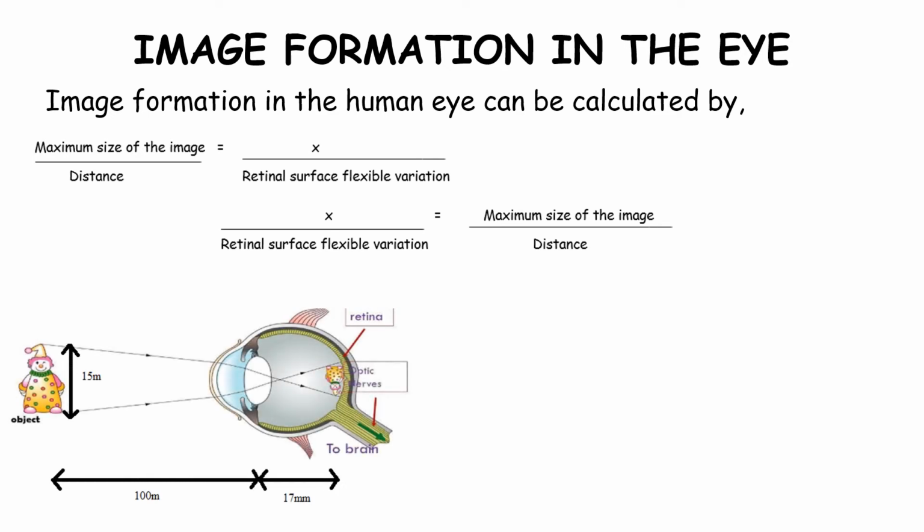When we look into the diagram, the object height is 15 mm, which is the maximum size of the image, 100 mm is the distance, and 17 mm is the retinal surface flexible variation. So x divided by 17 is equal to 15 divided by 100. Hence x is equal to 2.55 mm. This is how you calculate image formation in a human eye.